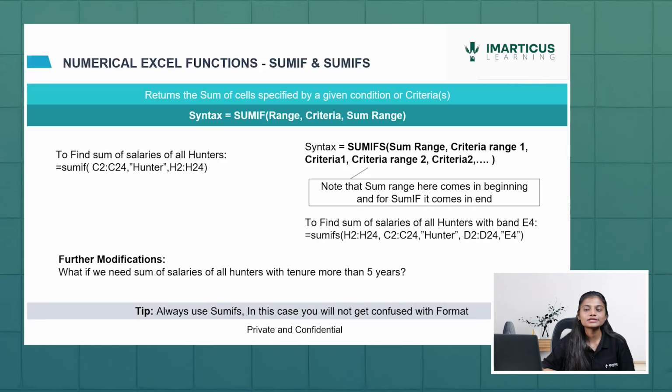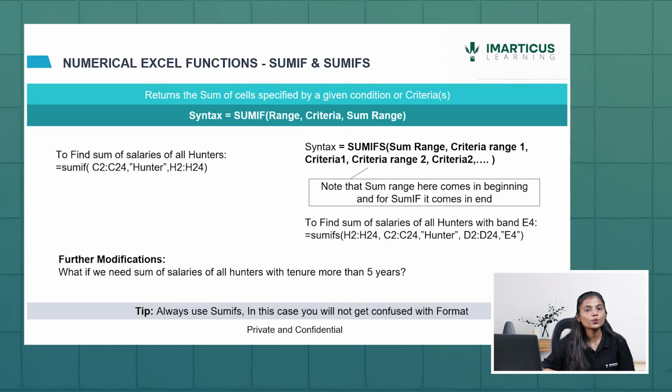If you can see the syntax, it has SUMIF. SUMIF means sum the data if the given condition is being satisfied. Now in this, what are the values which are required? The first value which is required for this function to execute smoothly and efficiently is a range. Now what is a range?